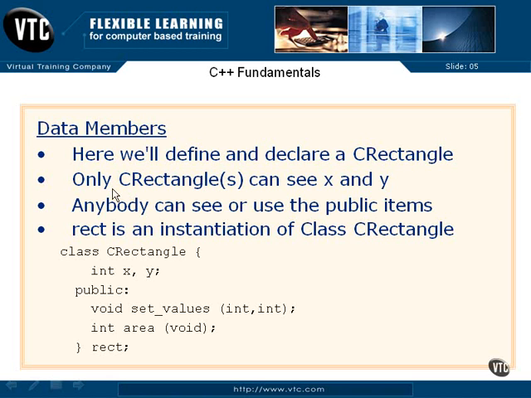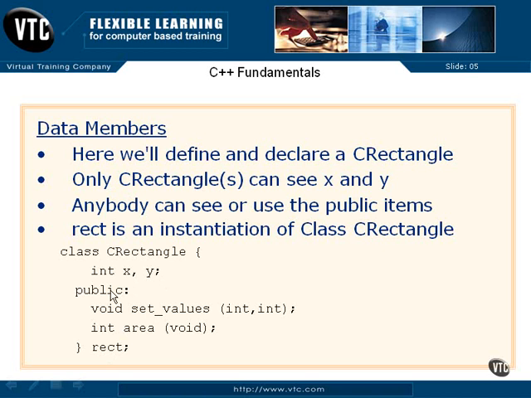Now only CRectangles, like rect here, can see the X and Y. So when rect is created, it knows that it has an X and Y, but nobody else is allowed to know that, because when you start a class declaration like this, the first default set of access specifiers is private.